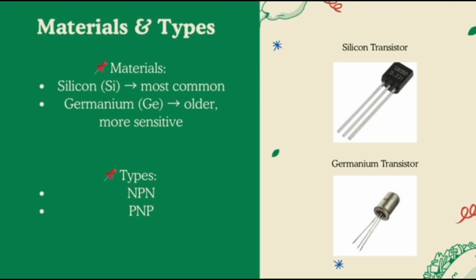NPN transistors are more commonly used because they are faster and more efficient in most circuits. The second type is the PNP transistor. In a PNP transistor, the majority charge carriers are holes. When the base is activated, current flows from the emitter to the collector. PNP transistors are also useful but are less commonly used compared to NPN transistors.